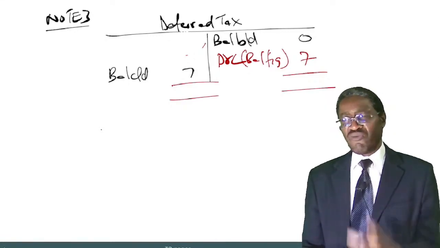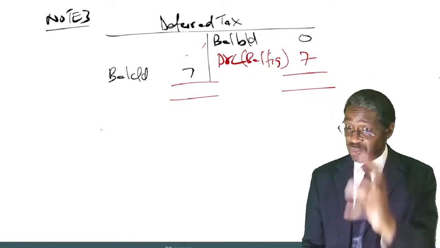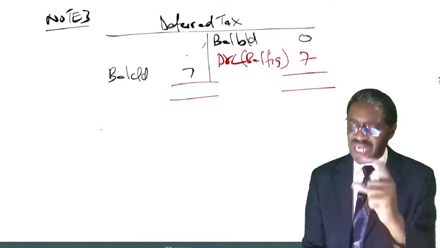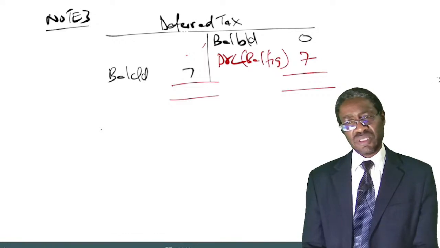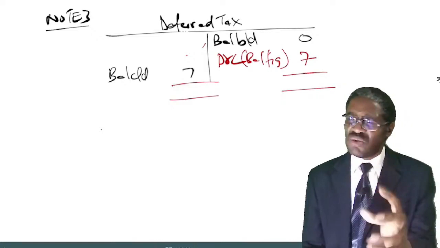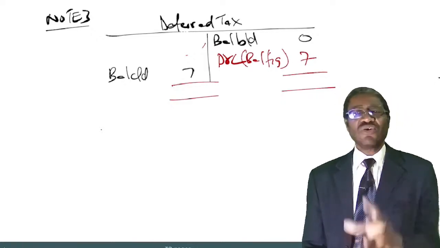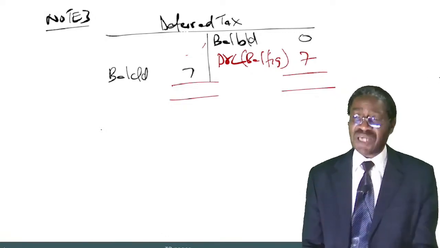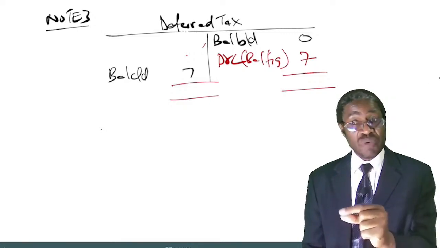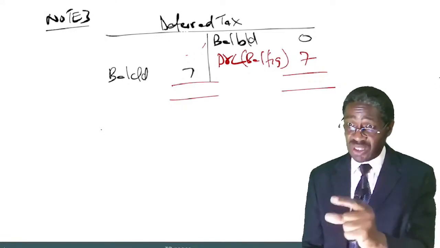Whenever the examiner is testing you on published accounts, he can test you on anything you did in financial accounting. We are not supposed to teach disposal of assets at this level. But you did the topic of disposal of assets in financial accounting.